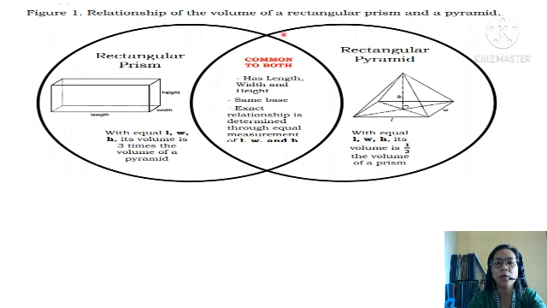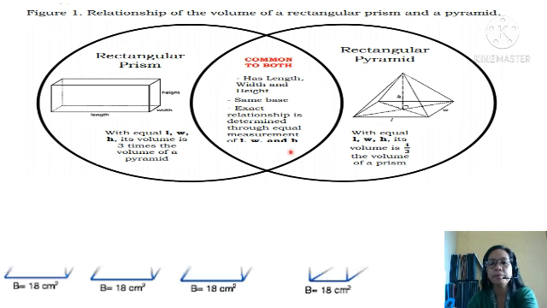The common among these two solid figures, the prism and the pyramid, is that they have length, width, and height. Remember also that their bases must be exactly the same size. The exact relationship is determined through equal measurement of length, width, and height.